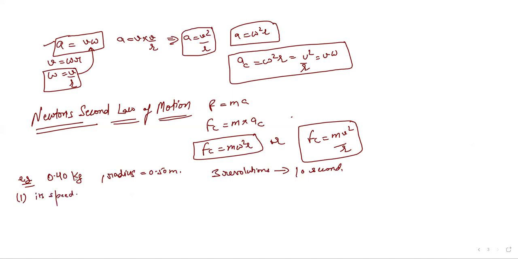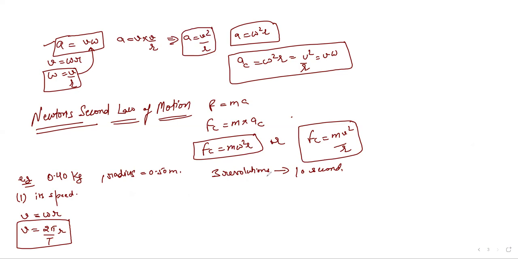How can we calculate speed? We have done that speed v is equal to omega times r, right? And omega, if you remember, is 2 pi upon time period. Can we write v is equal to 2 pi upon time period into r? And what is the time period? Time taken to complete one revolution.